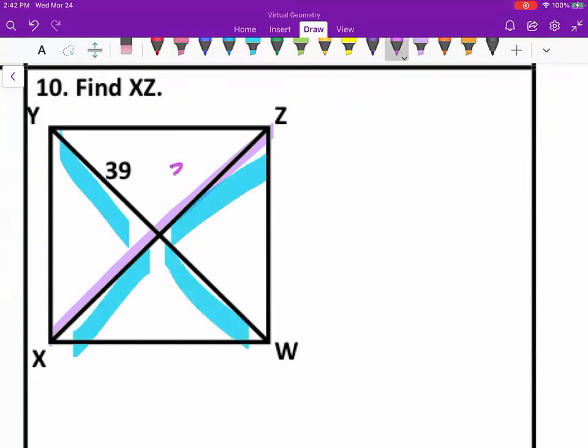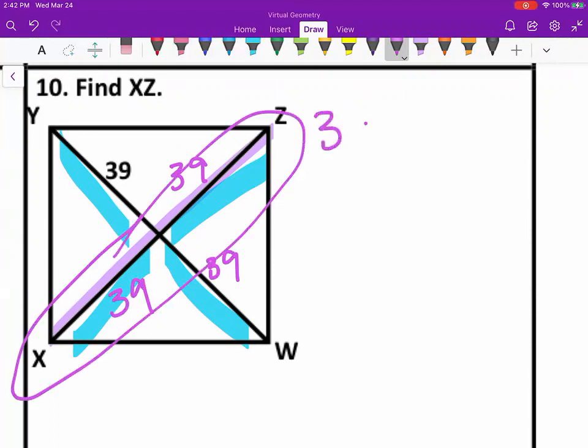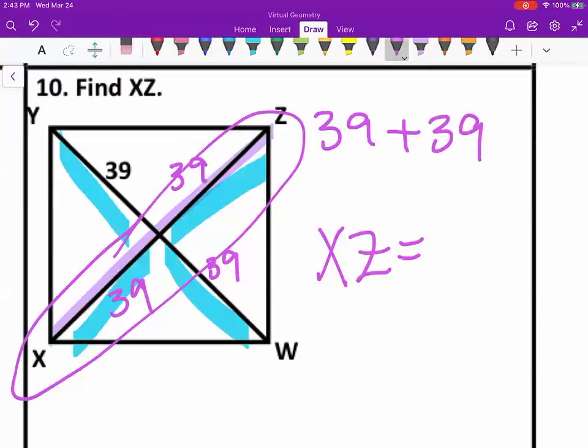So if one of them is 39, all of them are 39. And so x to z, 39 plus 39. So 78.